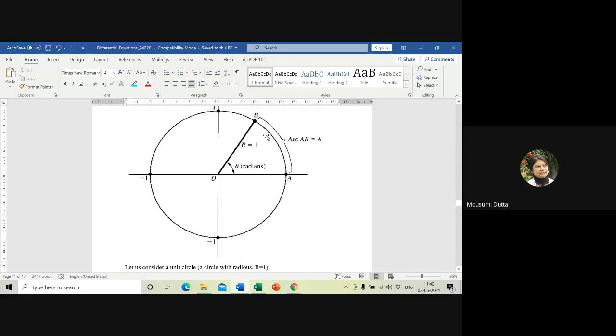And we can have a full circle. As we are moving along the circle, the time is moving from 1 to 2, 2 to 3, 3 to 4, 4 to 5, 6, 7, 8, 9, and 12.